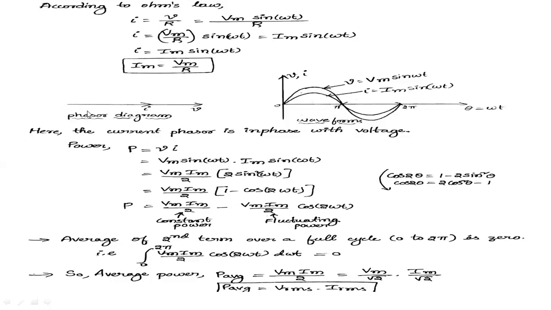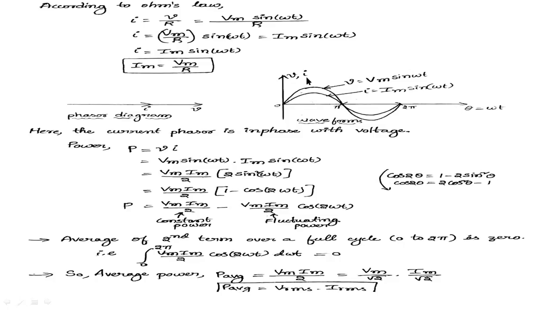Both the voltage wave and the current wave are in phase. In this diagram, the horizontal axis is theta, omega t, from 0 to pi and pi to 2 pi.